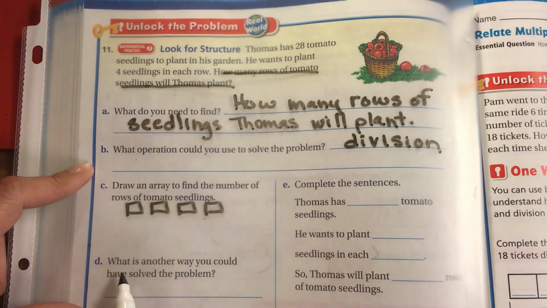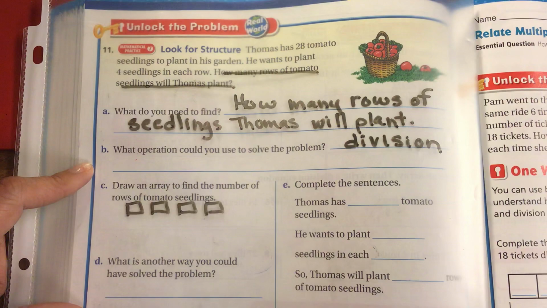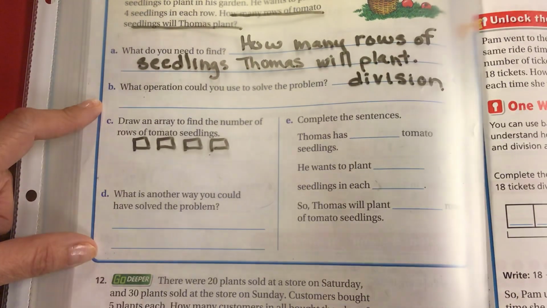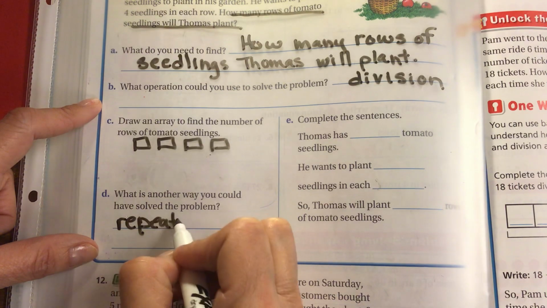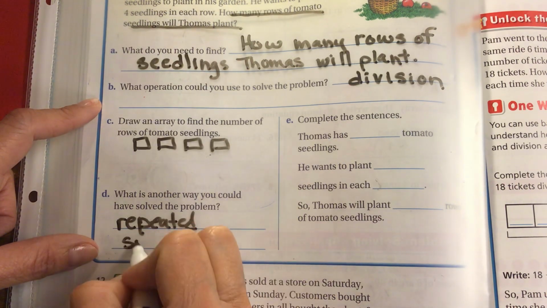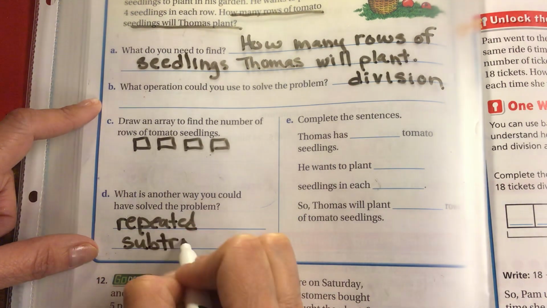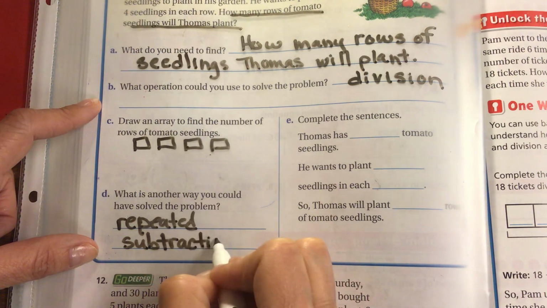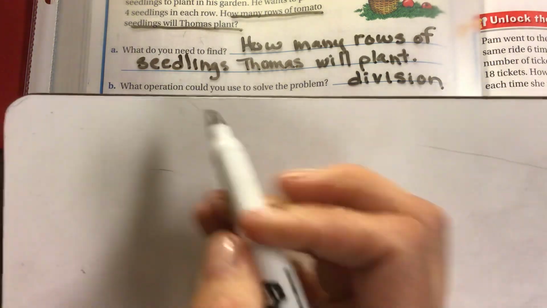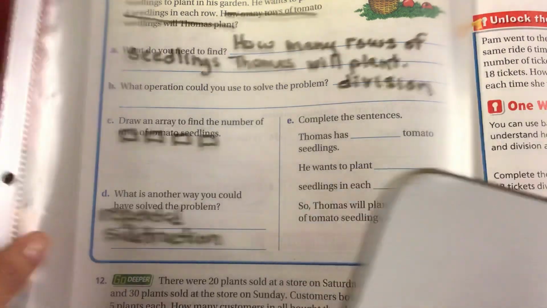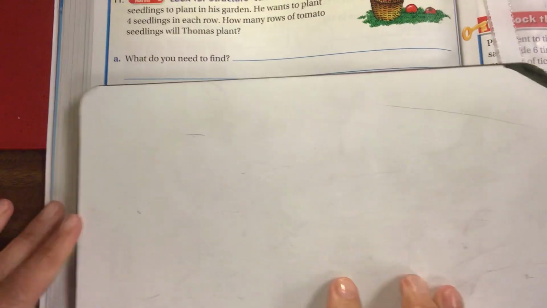D says, what is another way you could have solved the problem? We could have solved it using repeated subtraction. If you remember back from last week, and it was even on your quiz today, repeated subtraction, I'm going to set this aside for a second, looks like this.